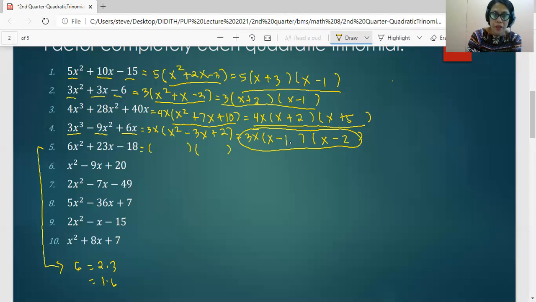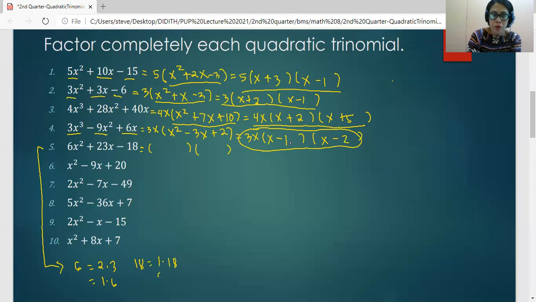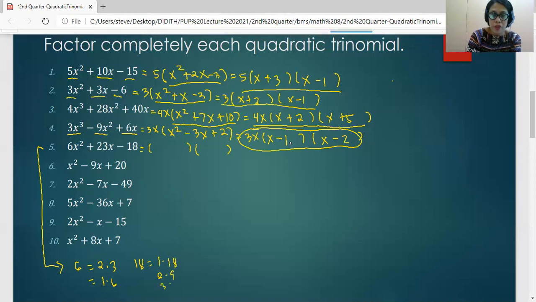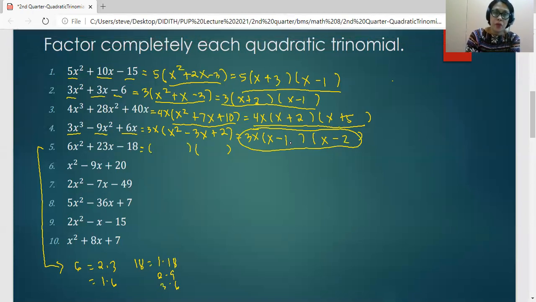And for 18, we have 1 and 18, 2 and 9, and then 3 and 6. Okay. So a lot of choices for this, no? Now, negative 18. So we're expecting a negative factor and a positive factor for negative 18.